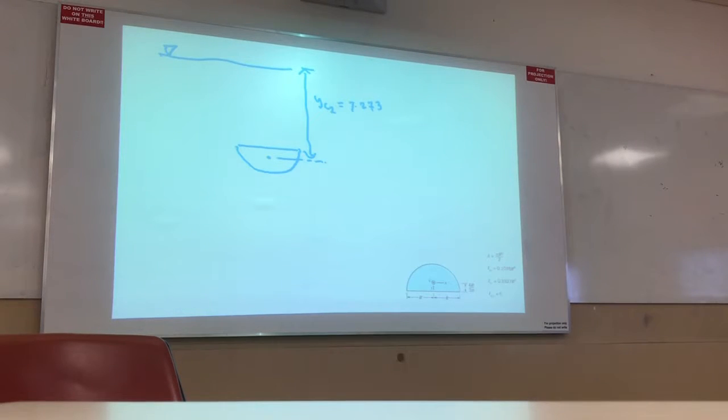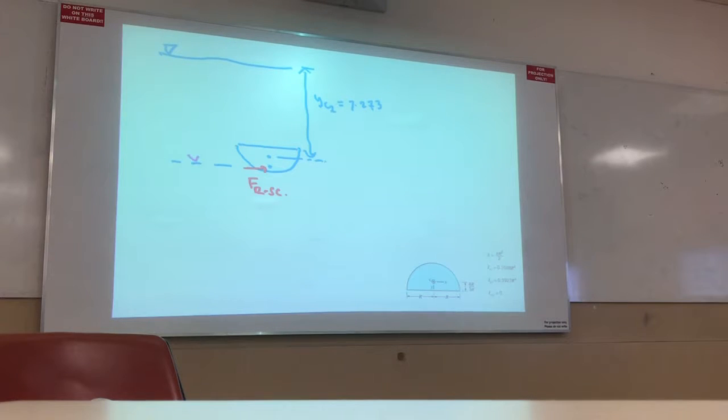So this is the center of pressure. Right? Here is the center of pressure, which is FR semicircle. And the distance from the surface of the water to that point is YR2, right?